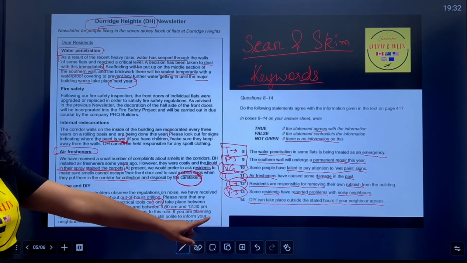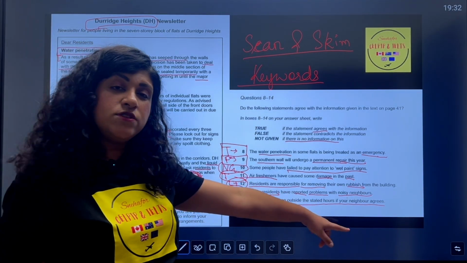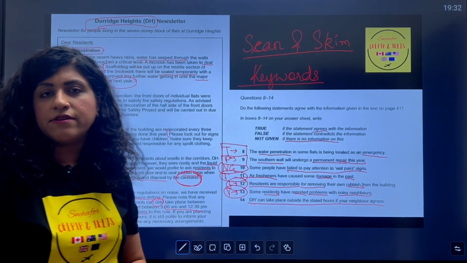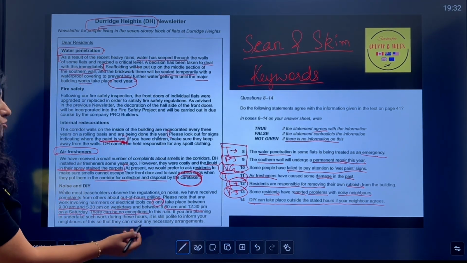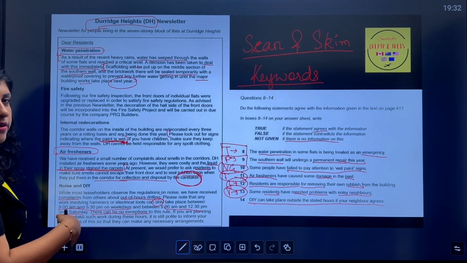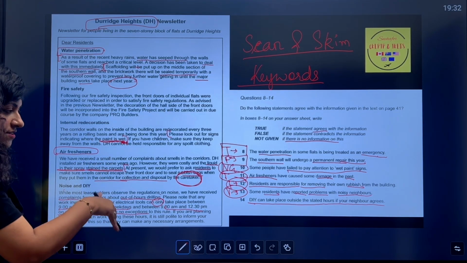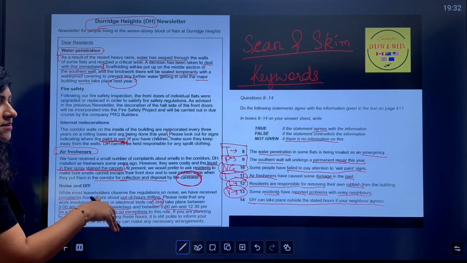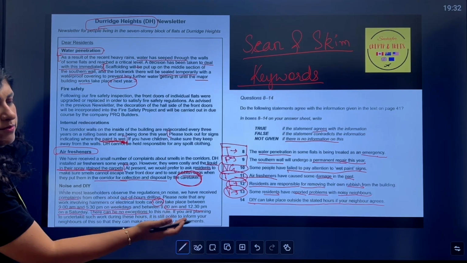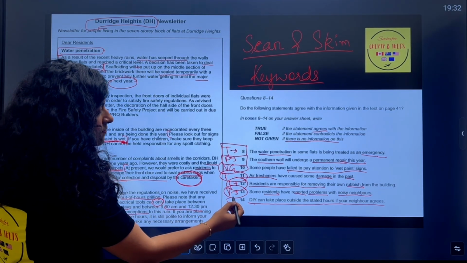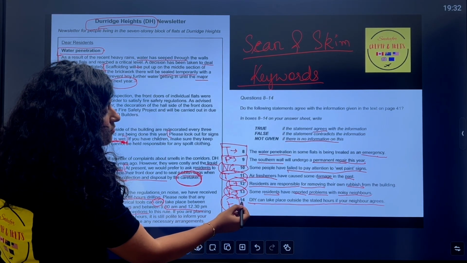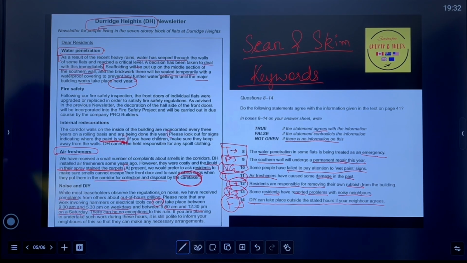So can you say that DIY can take place outside stated hours if your neighbor agrees? There is no exception to this rule. Cannot happen. So this information in the text is contradictory to the information of the question. So this answer is going to be false as well.